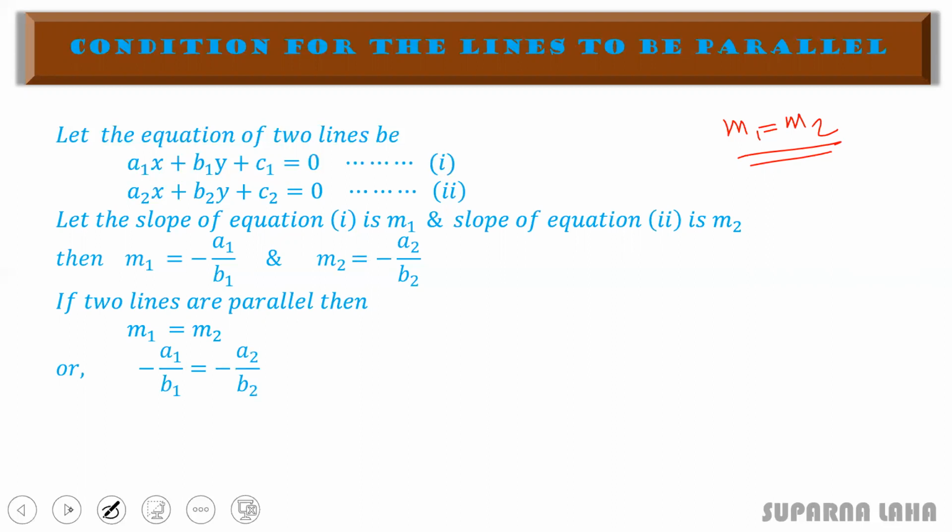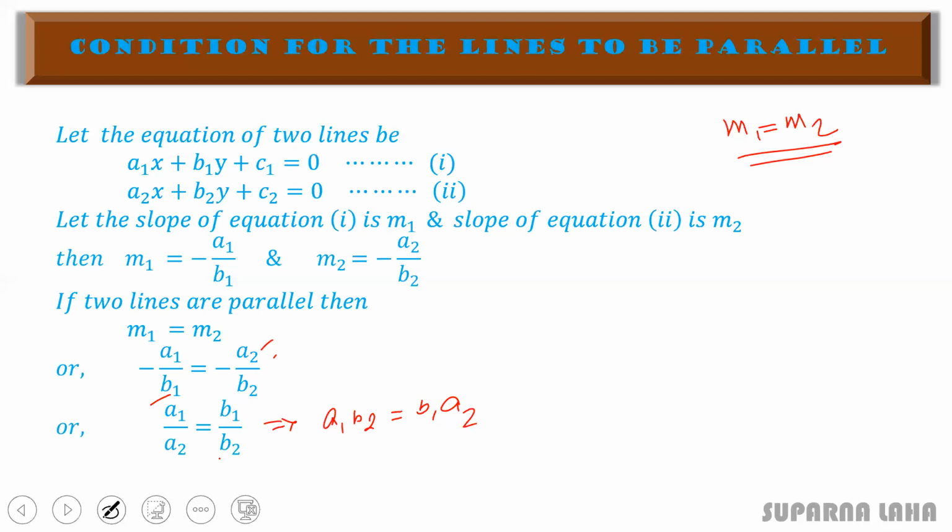Now look at here. Just take this A2 into this denominator and this B1 into the numerator. So we can write this value as A1 by A2 equals B1 by B2. Or you can write that A1 B2 is equal to B1 A2.